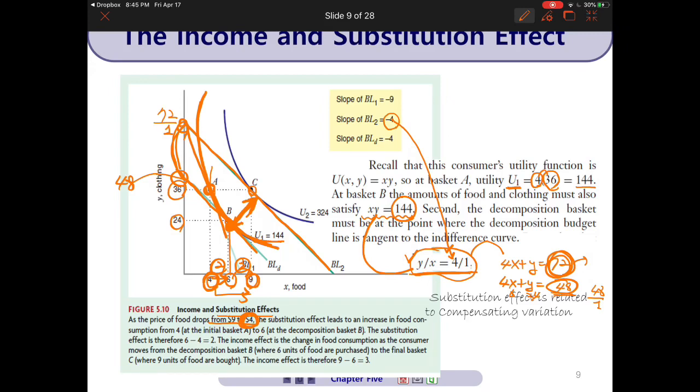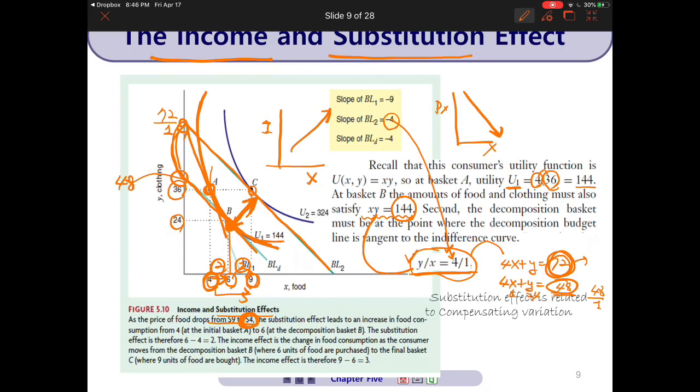Using this one, we can derive good X and income, that's the Engel curve. What about good X and the price of good X? We can derive the demand curve from the price consumption curve. You can go back to the material at the beginning of this section. So this is about the substitution and income effect.